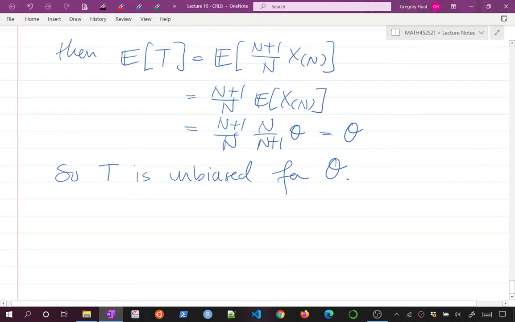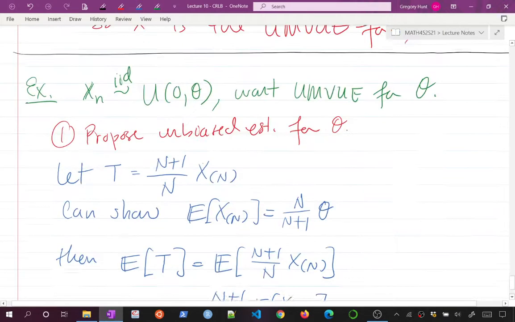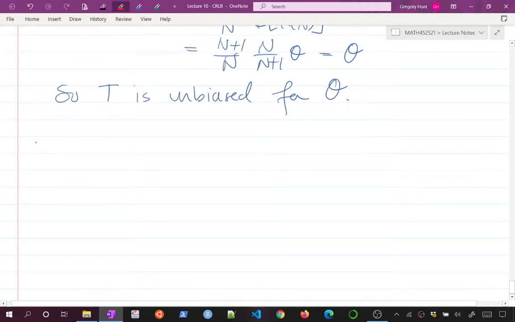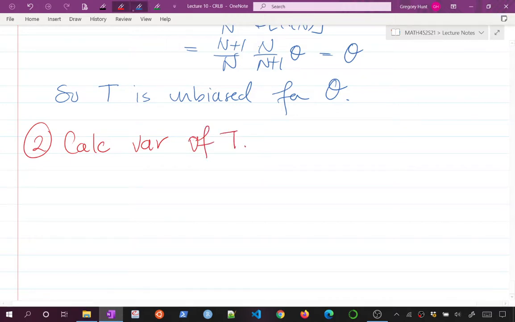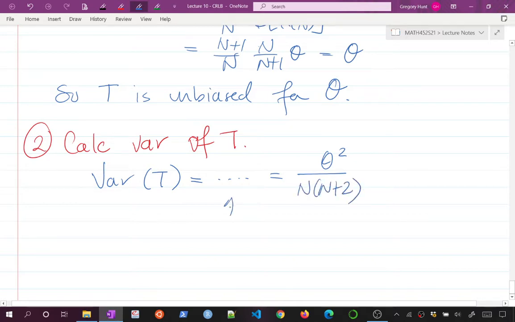Again, because it's a 451 problem, I'm going to tell you a fact. Our second step is to calculate the variance of T, and in this case the variance of T is, sparing you the details, theta squared over n times n plus 2. This is an order statistic calculation, just some integration.